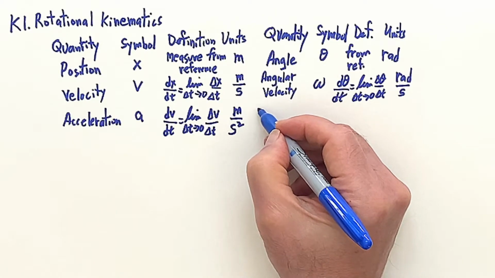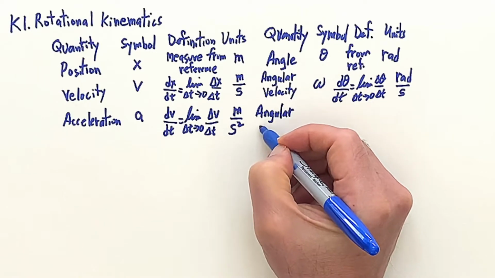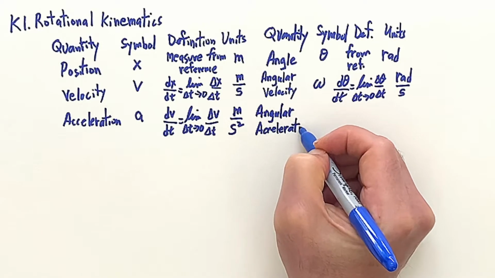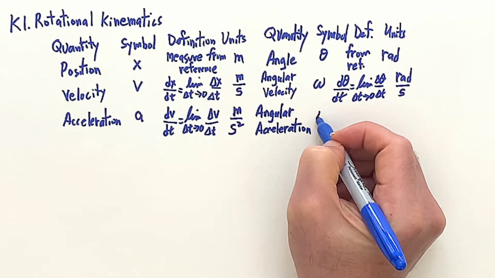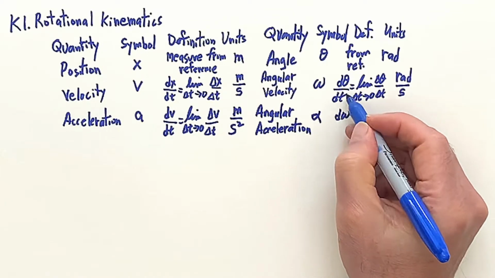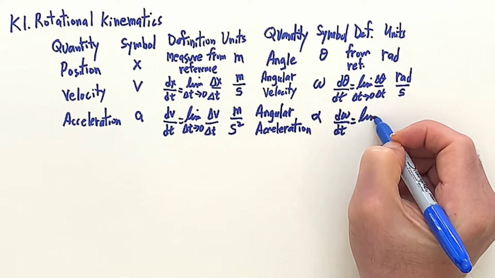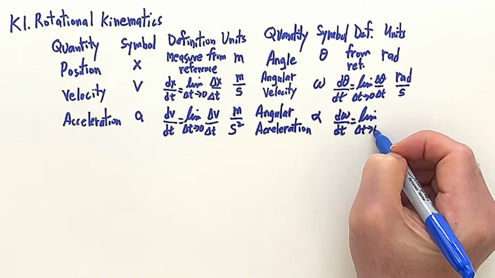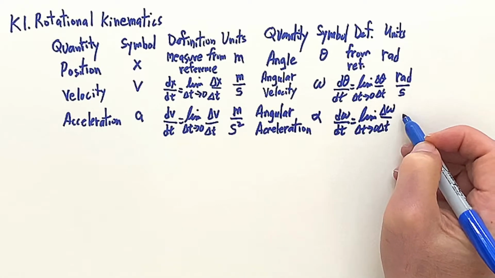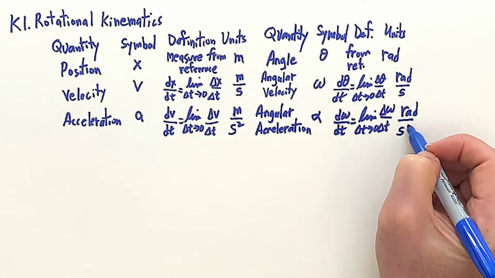Here we have angular acceleration. We use the Greek letter alpha, and that's the derivative of the angular velocity with respect to time, or the limit as delta t goes to 0 of delta omega over delta t, and that's radians per second squared.